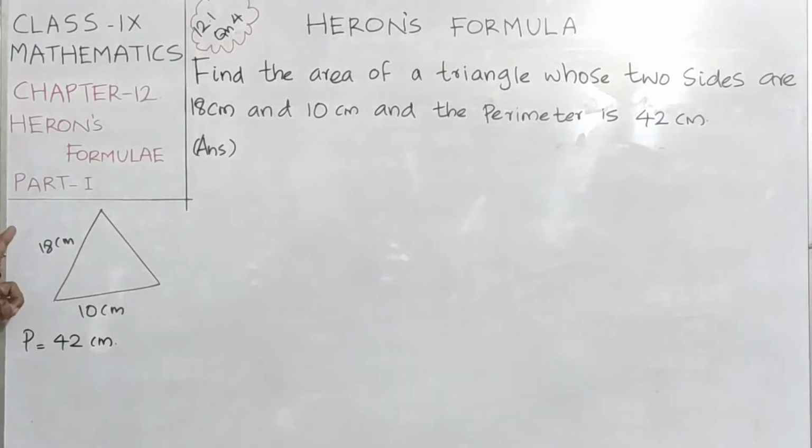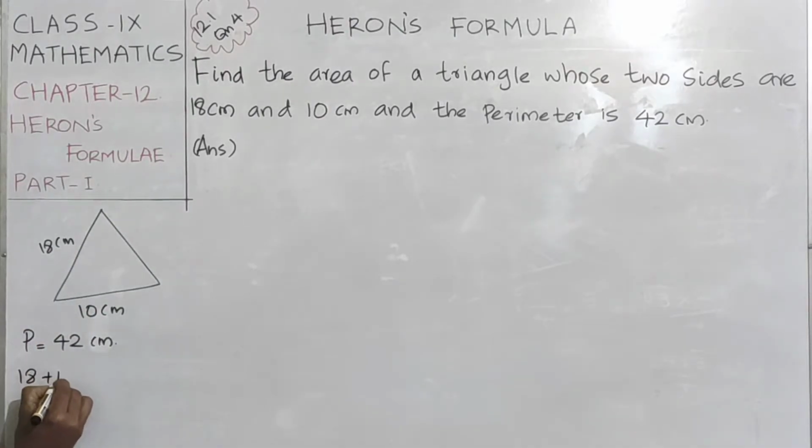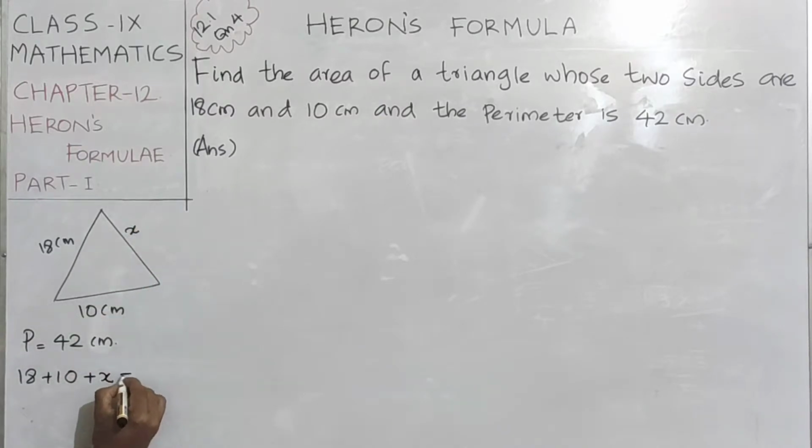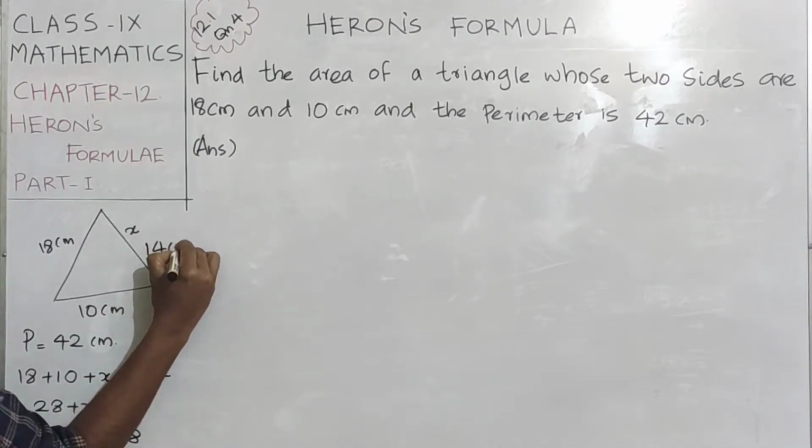How do we find perimeter? Just find the sum of the three sides, that is 18 plus 10 plus x. Let us name this x for the time being. That will be equal to 42. Then 18 plus 10 is 28, plus x is equal to 42. Then x is 42 minus 28, so you will get x as 14 centimeter.